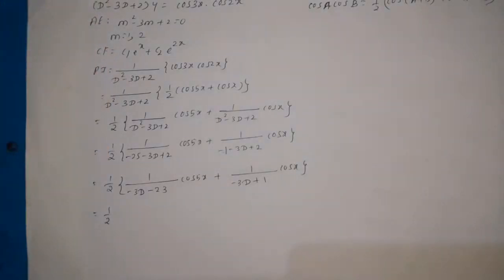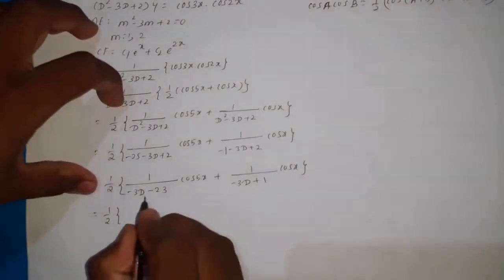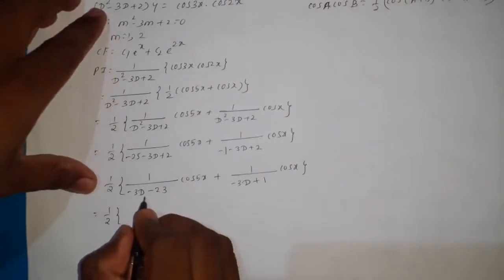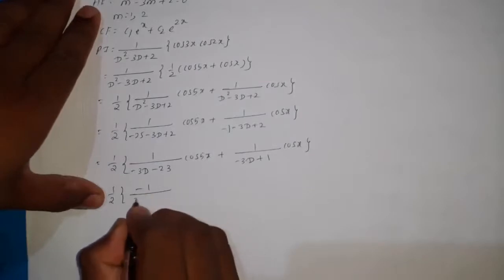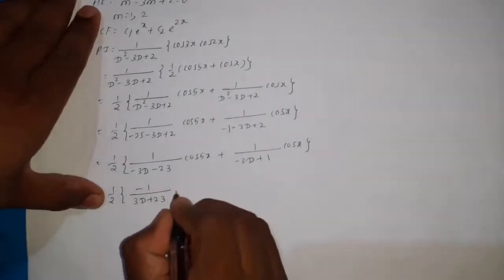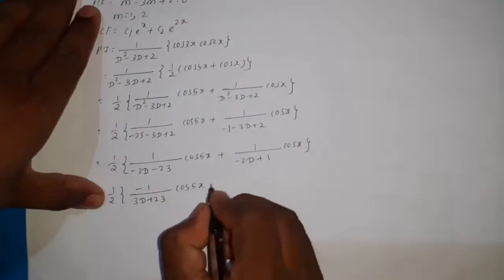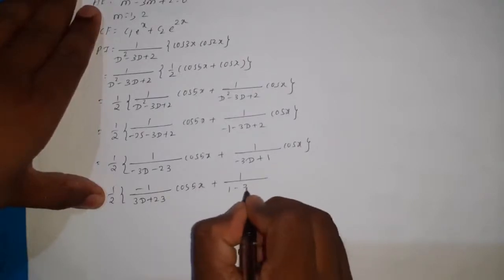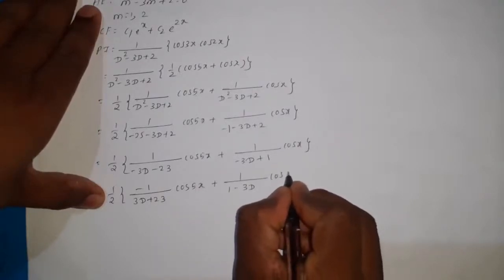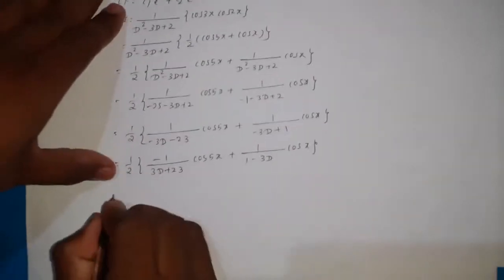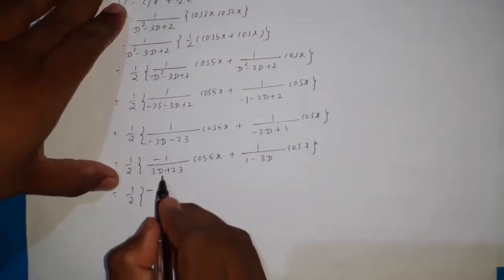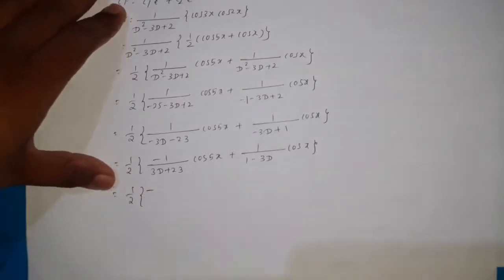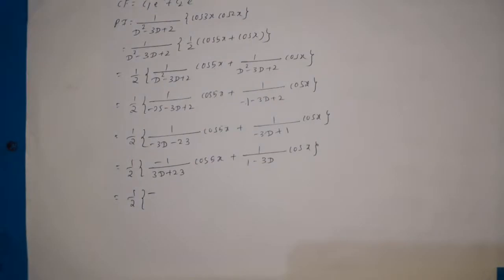So here taking that minus 1 common from the denominator, that becomes minus 1 divided by 3d plus 23 cos 5x plus 1 divided by 1 minus 3d cos x. This is equal to 1 by 2. Here minus as it is. Now in the denominator we have a linear factor of d, that is 3d plus 23.